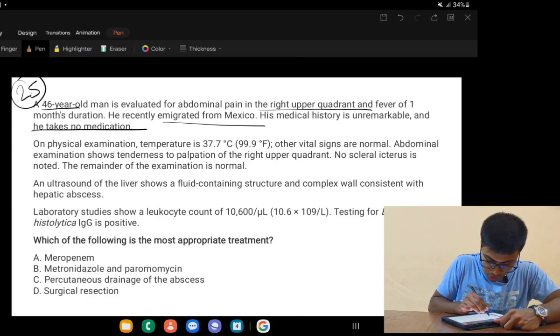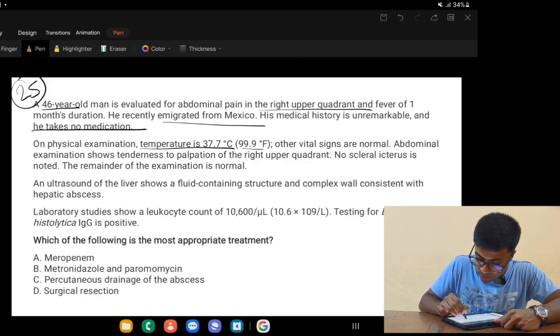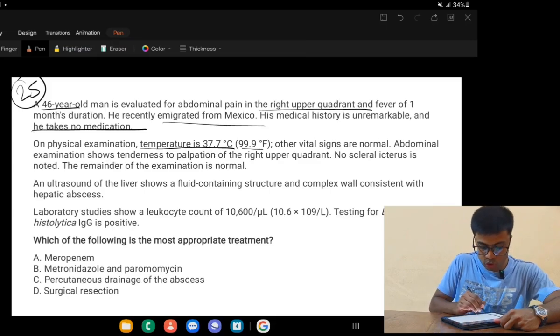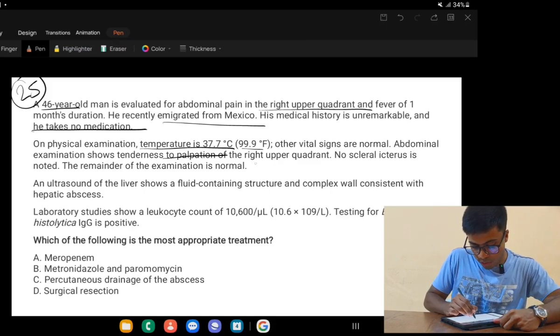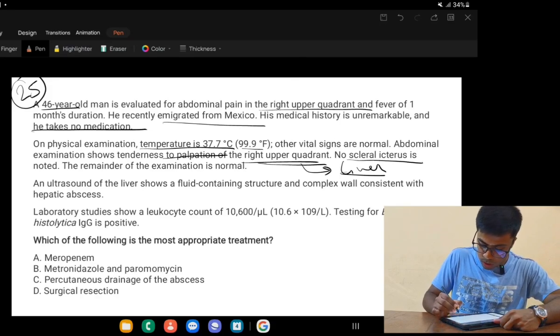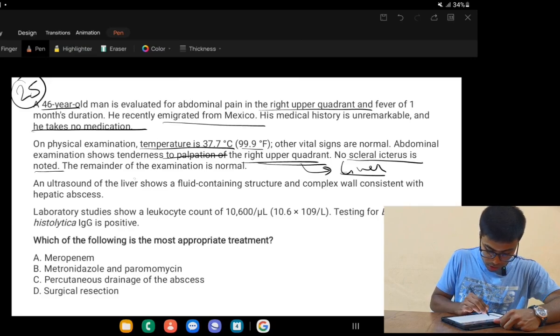On physical examination, temperature is 37.7, that is 99.9 degrees Fahrenheit. Vital signs are normal. Abdominal examination shows tenderness to palpation of the right upper quadrant, which relates to the liver. No scleral icterus is noted, no jaundice. The remainder of the examination is normal.